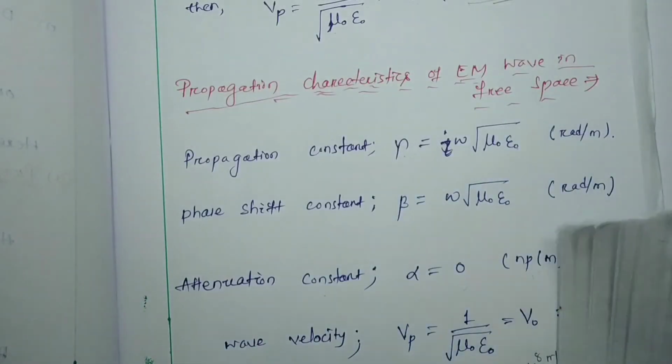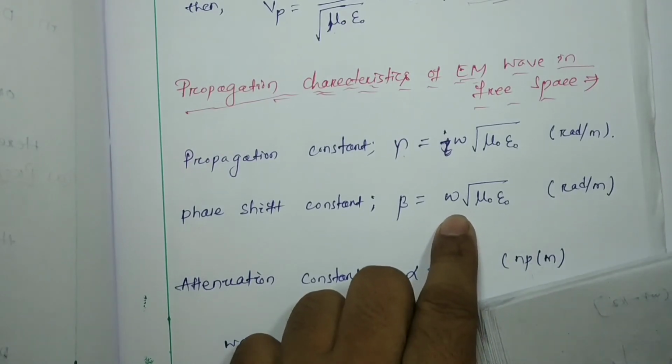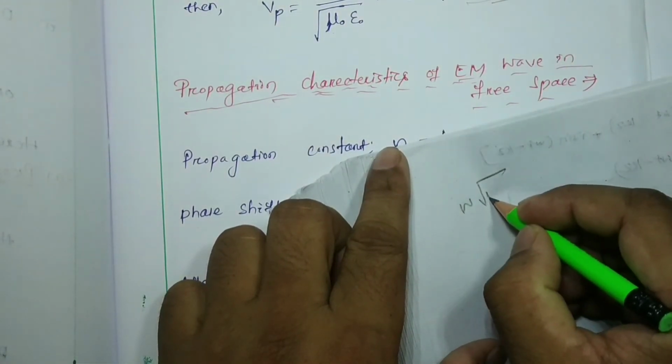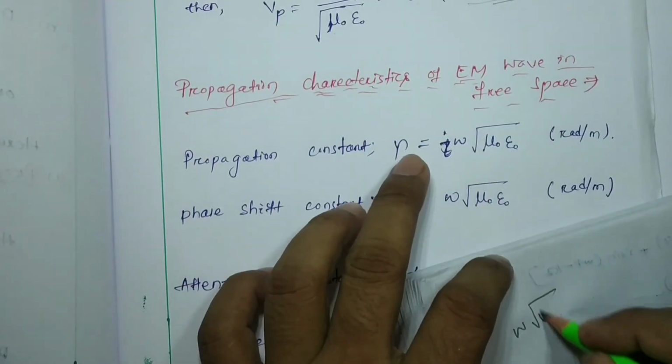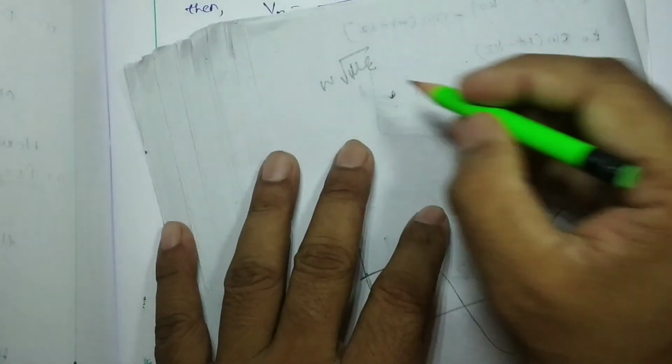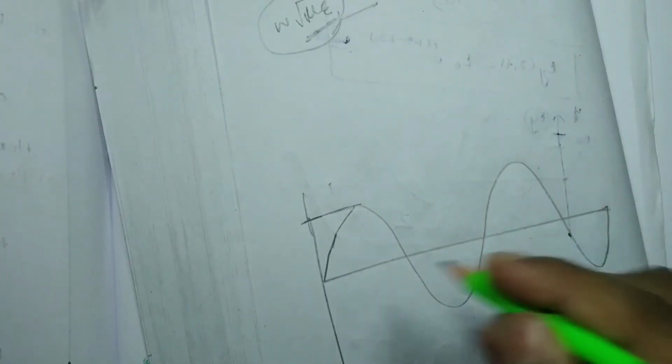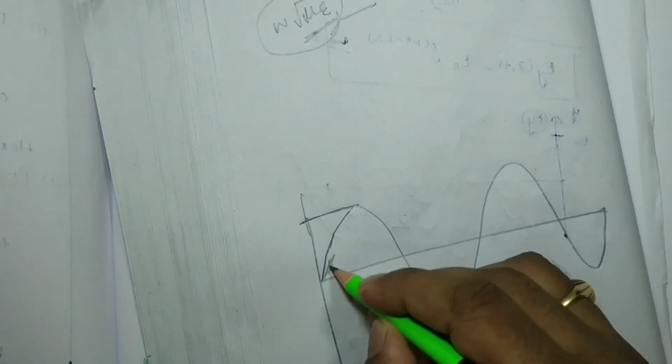The phase will be this one. It will depend upon omega and the root of permeability and permittivity. So if permeability and permittivity are increased, the phase is going to increase. That means it can be like this.